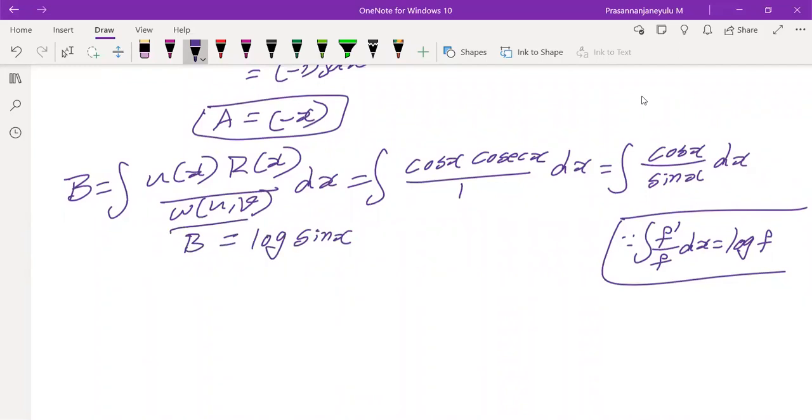Now after we get this, substitute a and b in equation number 4. Then what is going to become?